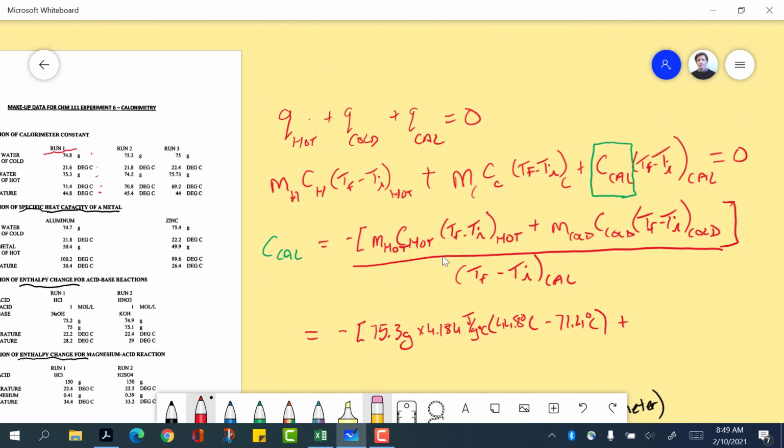And then, now, looking at the cold water, the mass of the cold water that we used was 74.8 grams. And again, the specific heat of the cold water is the same, 4.184 joules per gram degree Celsius.